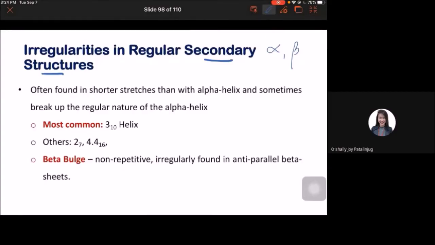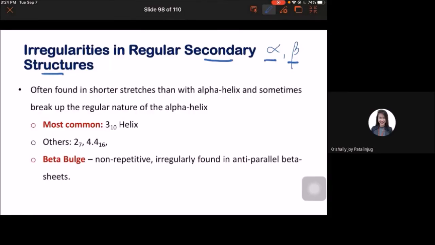Next, sige. So with regards to alpha and beta structures, na-discuss natin yung mga certain characteristics nila. Na-discuss natin yung features, characteristics ng isang alpha helix, at yung mga basic information about beta pleated sheets. Now, hindi po sa lahat ng pagkakataon perfect na na-attain ng isang secondary structure yung basic nila na features or characteristics, based on what we have described earlier.